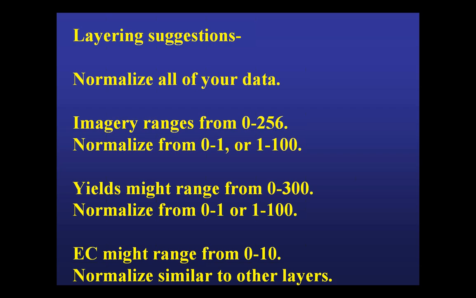Another thing to keep in mind, and this is advanced training, I guess, so when you start to put things into those kinds of categories, think about this: we're talking about EC, high is bad, low is good, but yields high is good and low is bad, and imagery high is usually good and low is bad. So you might want to even think about inverses, perhaps, because the computer is not going to know what those numbers mean, but the final numbers mean a lot to you.